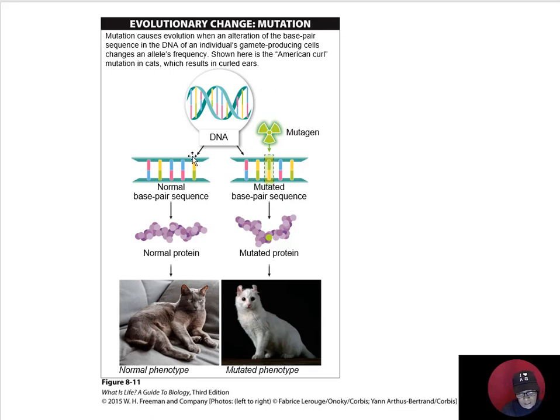But if we have this mutation, this mutagen that has mutated the base pair sequence in that gene sequence, we end up with a very different protein, right? So we had a point mutation here, and that change in protein results in curly ears in the cat, right? And so that can be an evolutionary change.